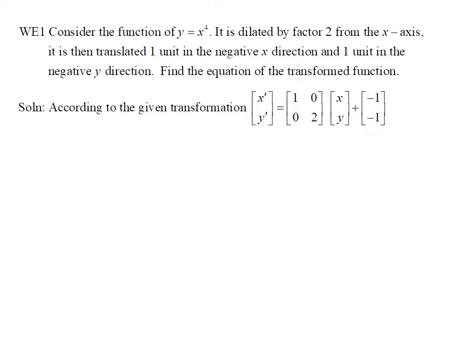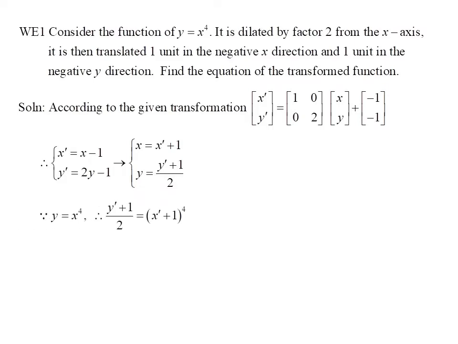Here x prime and y prime represent the coordinates of the transformed function. After simplifying the right-hand side of the matrix equation, we have established the relations between the coordinates of the original function and the coordinates of its image.